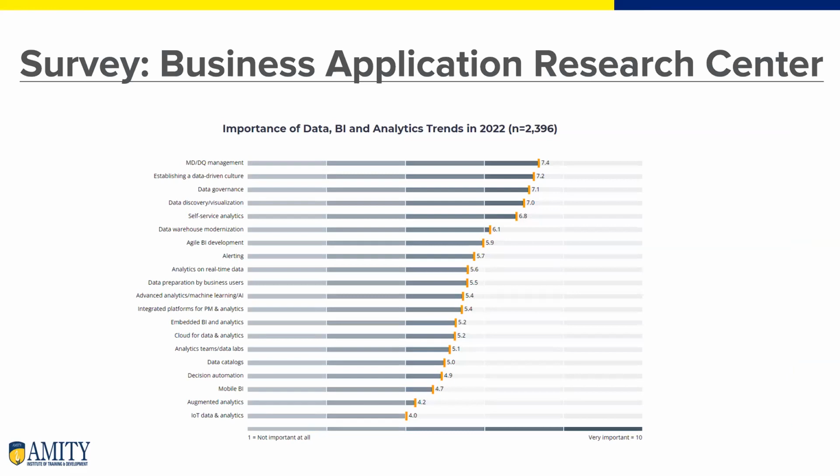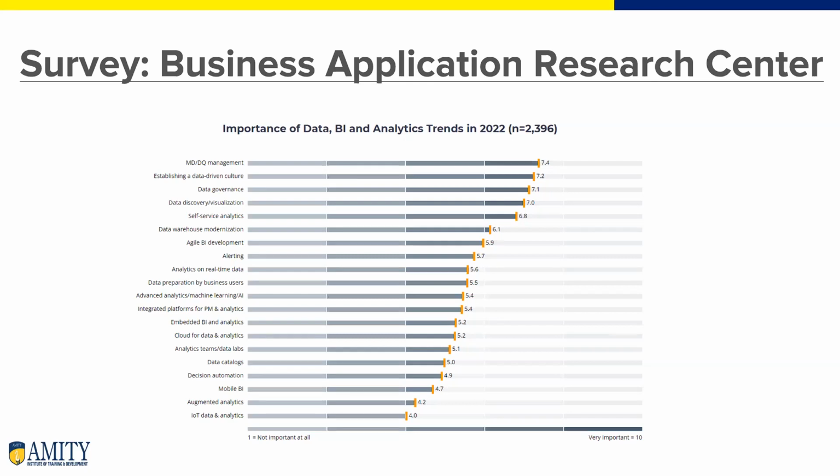But look at this. You are looking at all the trends that happened in 2022, that's last year, because every year they release the trends. And just look at the importance of the number 2 trend, and it's a very consistent 7.2, says enabling a data-driven culture.